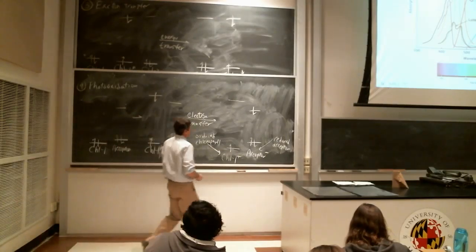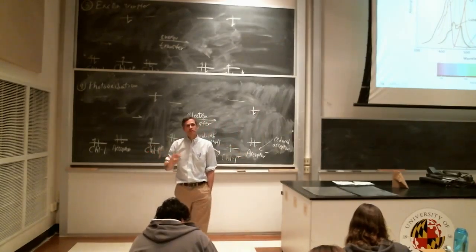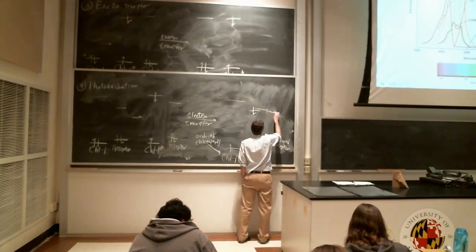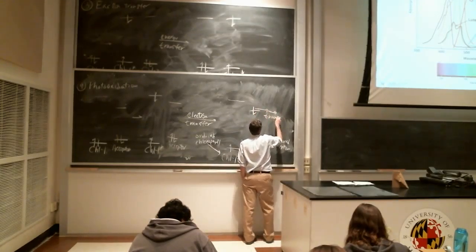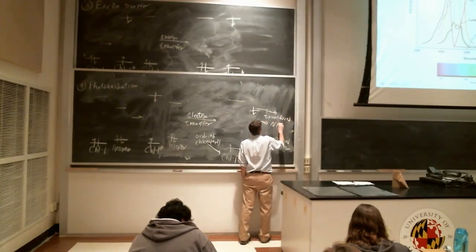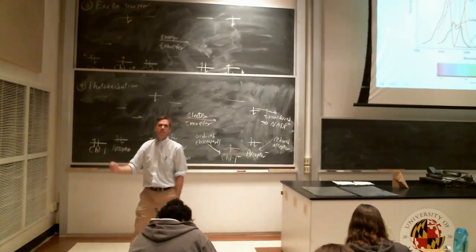This electron, which originated in chlorophyll, not in water, we'll come back to water yet, will eventually be transferred to NADP. And that electron will be used to reduce NADP to NADPH.